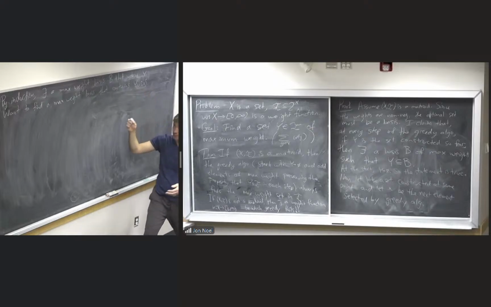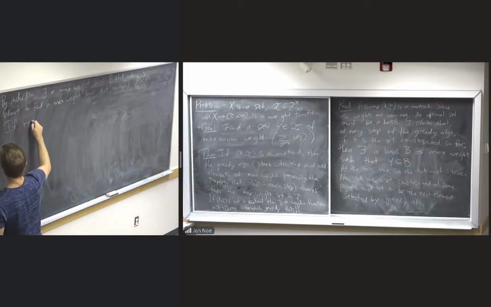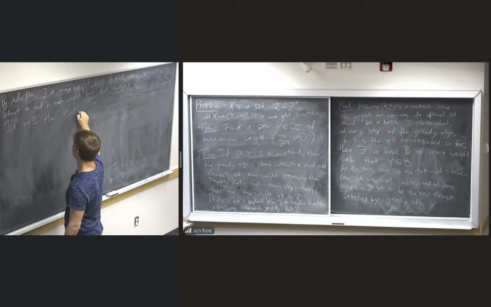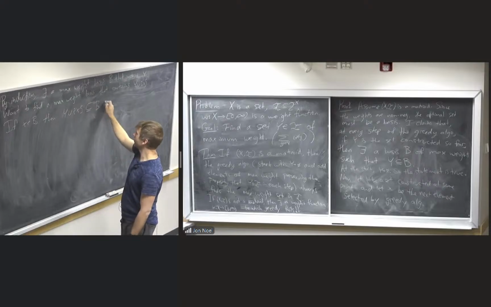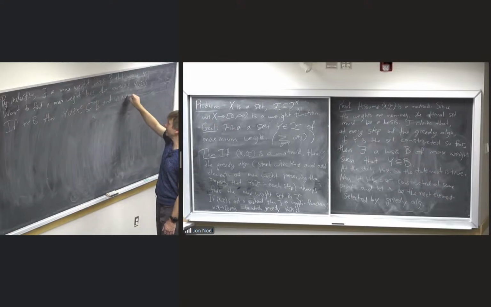So if X is in B, then Y union X is a subset of B, and we are happy. So we assume X is not in B, right?